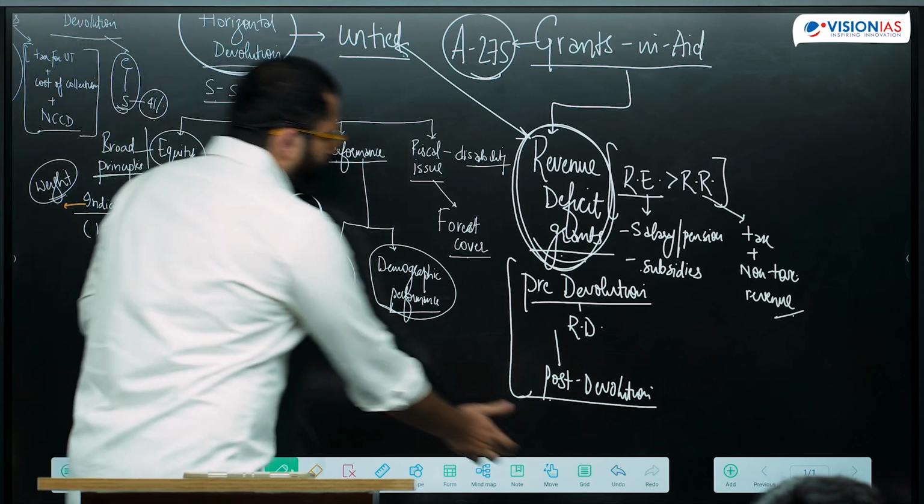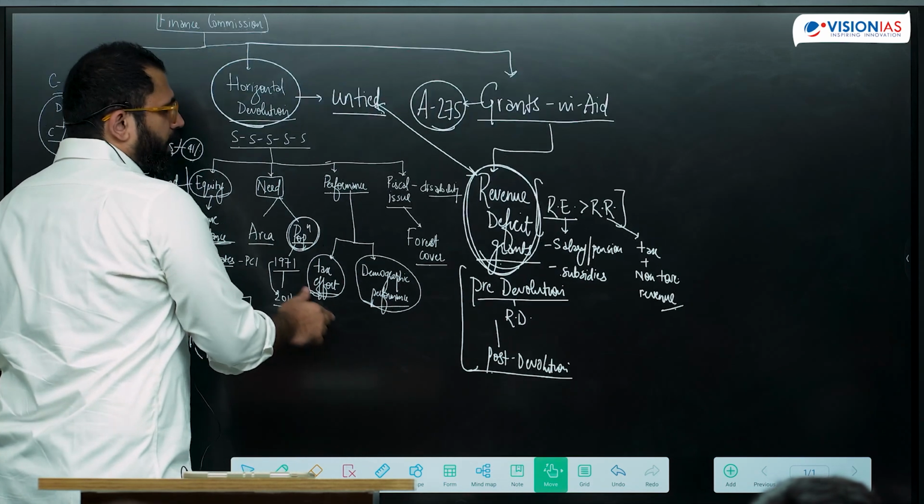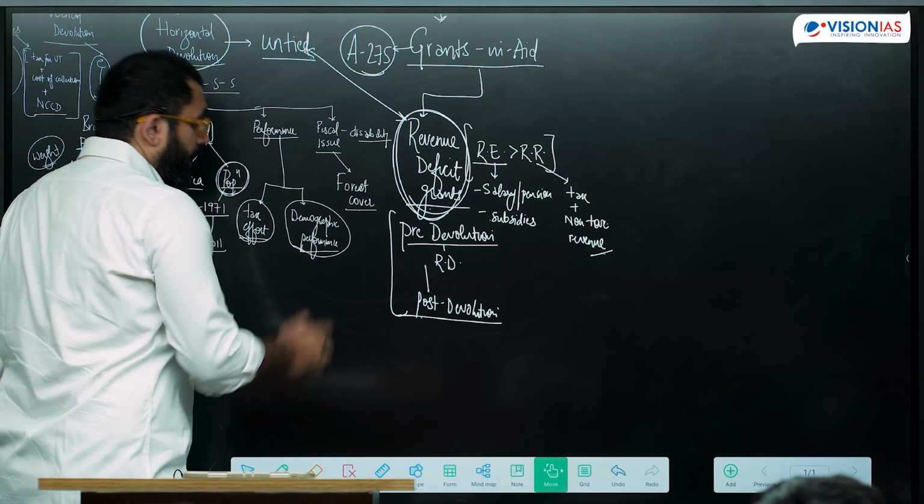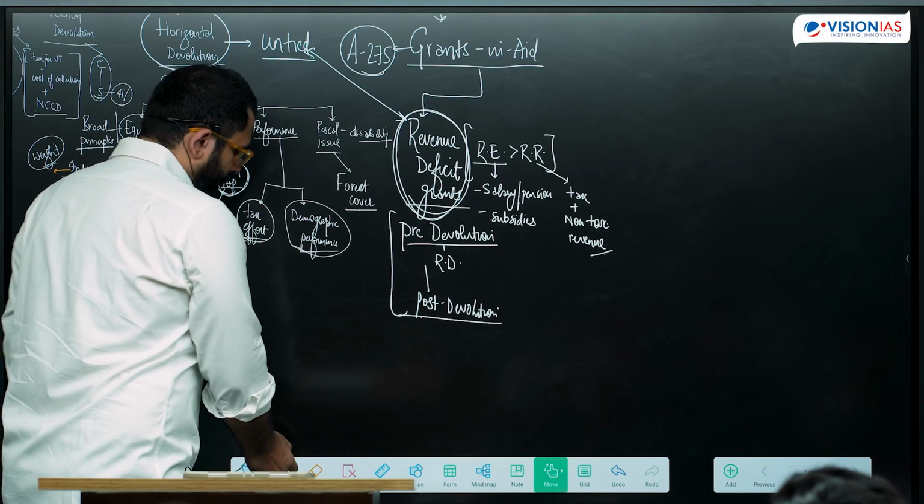Now, apart from this, the Finance Commission is free to recommend for any particular area or function. They can specifically give grants in aid.